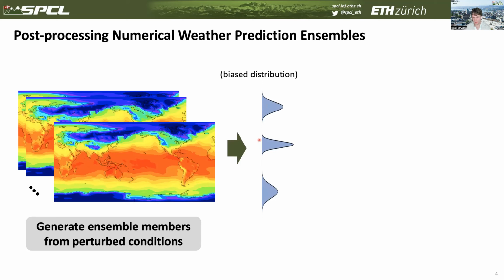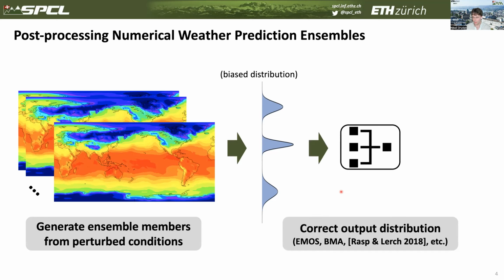And this is biased because there may be systematic issues with your data ingestion, the way your model runs, and so on. And the goal of post-processing is to correct this output distribution, to provide some system to improve this distribution. And there are a lot of approaches for this, things like EMOS or Bayesian model averaging to simple neural networks. And this, of course, gives you a corrected distribution.